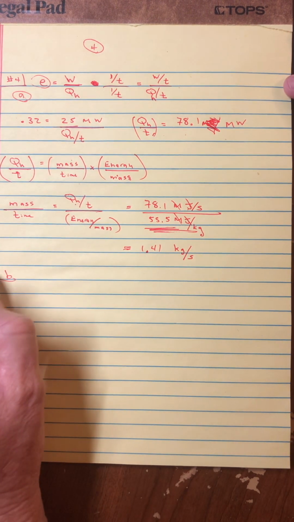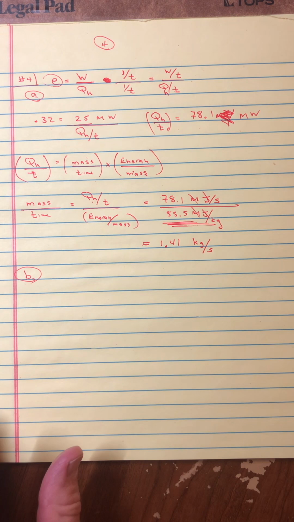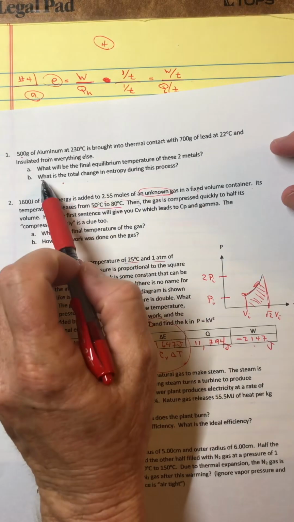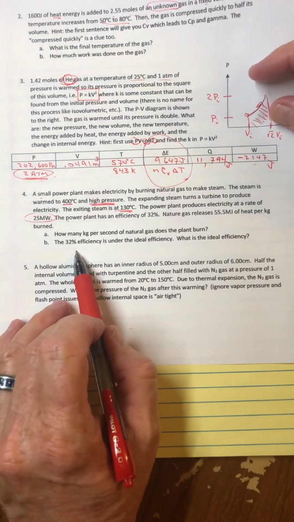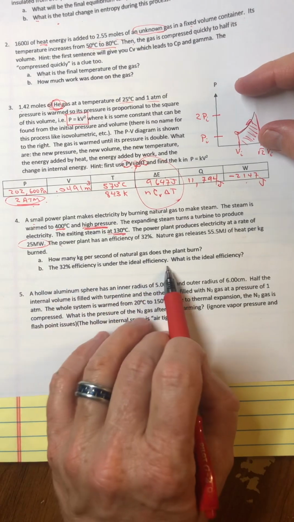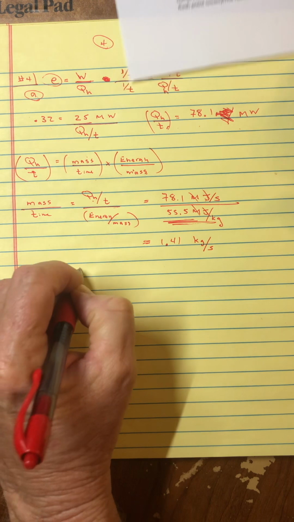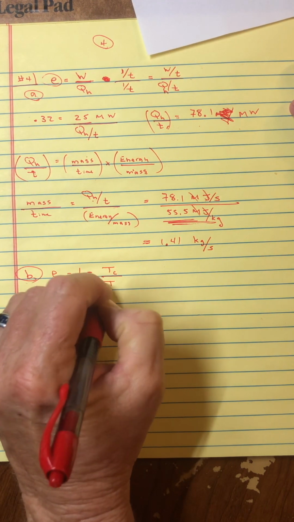And then B, and along this same idea of efficiencies and the second law of thermodynamics, this is also in our chapter 22 on entropy. It says, what is the ideal efficiency? And so we learned that the Carnot cycle would be the most efficient.